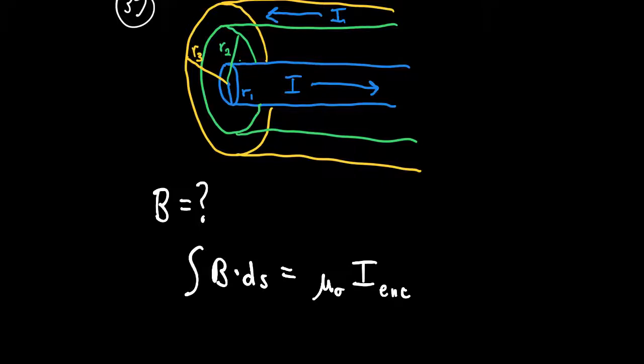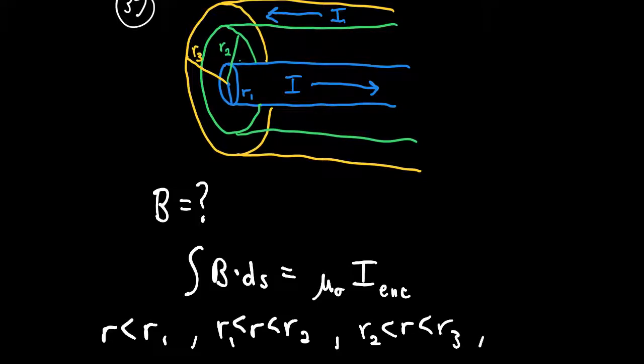We need to find the magnetic field if R is less than R1, if R is greater than R1 but less than R2, if R is greater than R2 but less than R3, and if R is greater than R3. So it's one problem, but they gave us how many different parts to it? Four different parts.